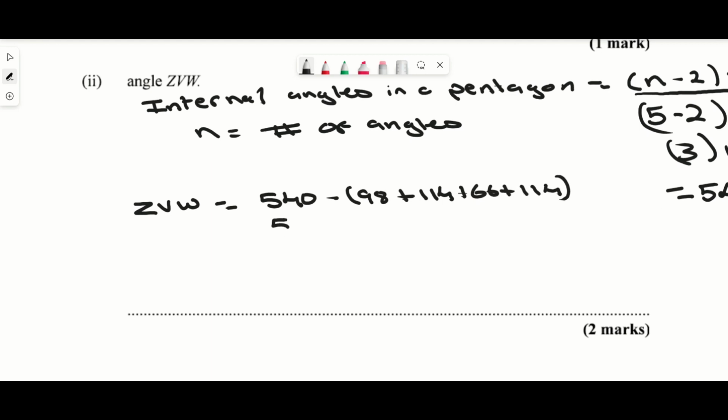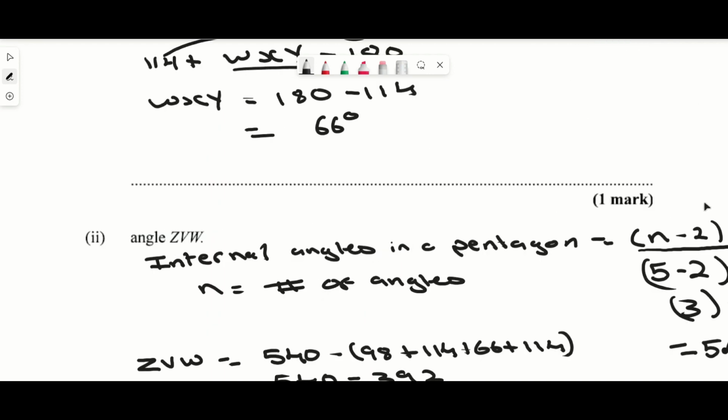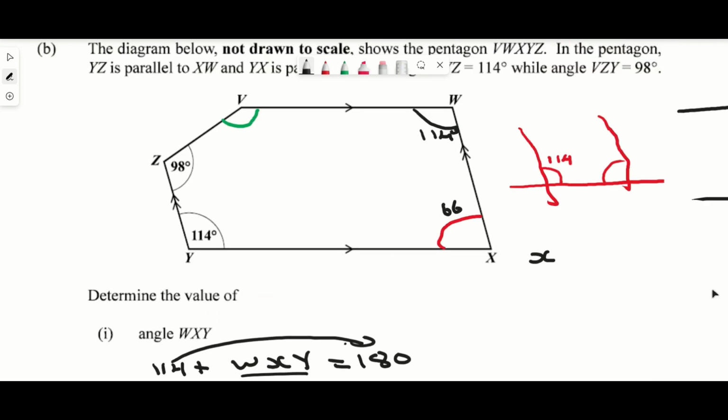So it's 540 minus, when we add this up, 392. So angle ZVW is equal to 148 degrees. That is this one that we have in green, equal to 148 degrees, and that is your answer for this question.